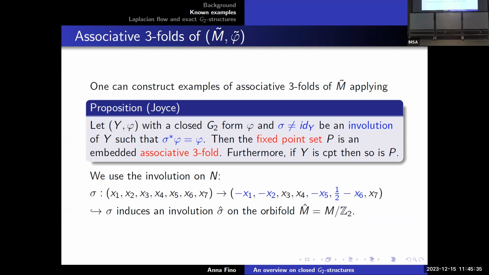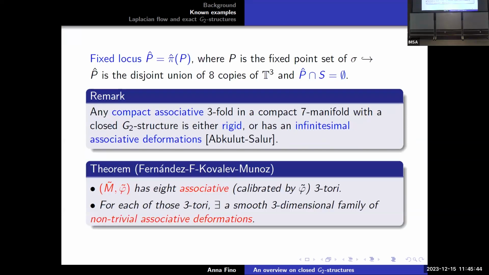If you start with compact, then you get compact, and then we use a specific involution. The nice thing about this involution is that if you take the fixed point set, this is again a disjoint union, this time of copies of the 3-torus, which do not intersect the singular locus.